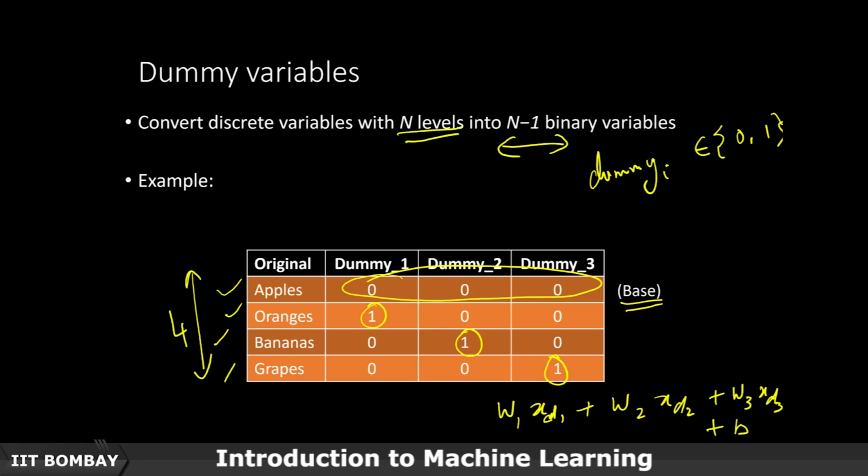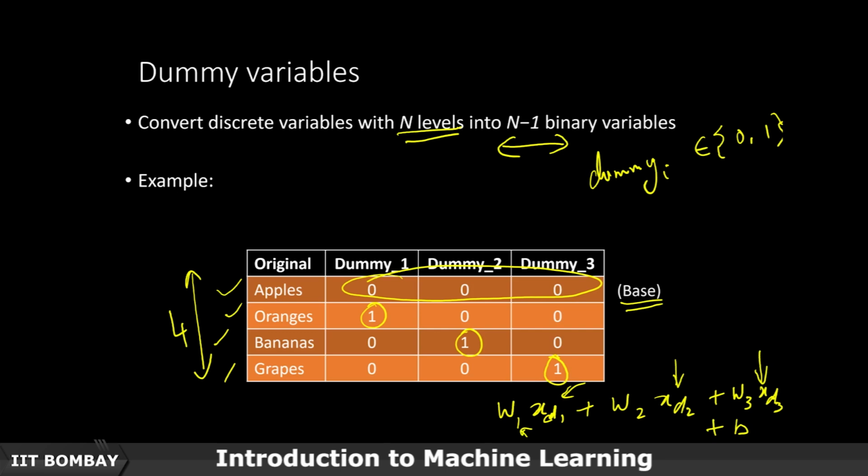And if instead of apples the person is eating mostly grapes, oranges or bananas, then the weights capture the relative change in effect with respect to the base effect b.